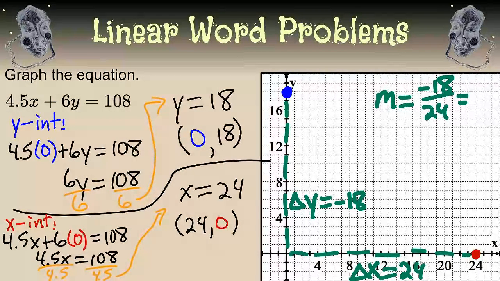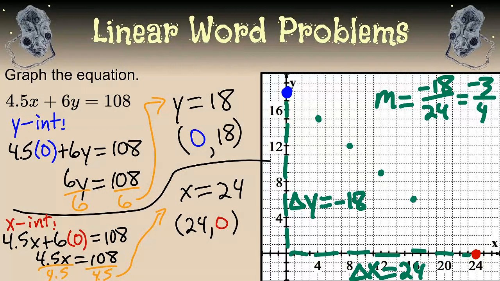Those are both divisible by 6. So it's negative 3 over 4. So I go down 3 and to the right 4. So from that point right here, down 3 to the right 4. Right there. From there, down 3 to the right 4.